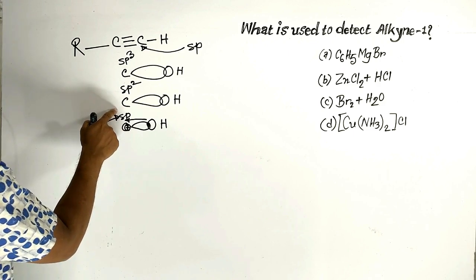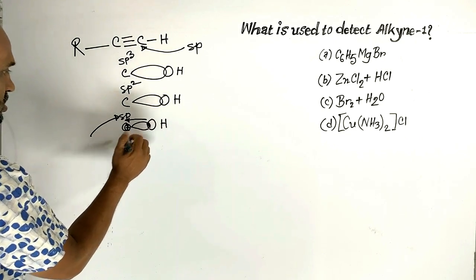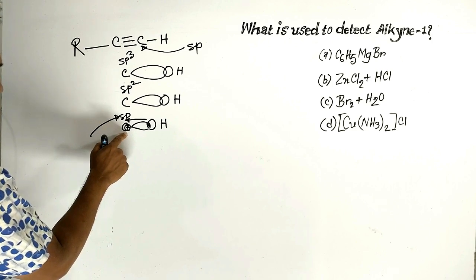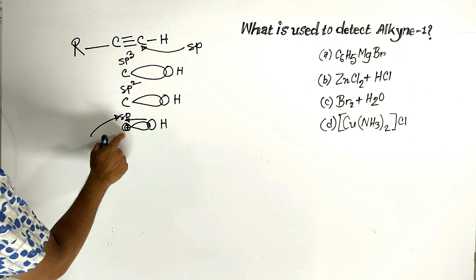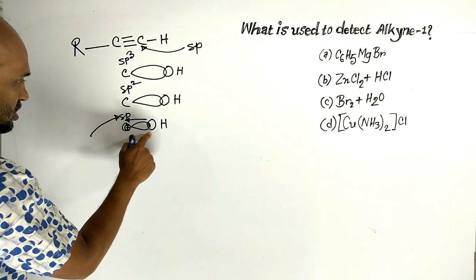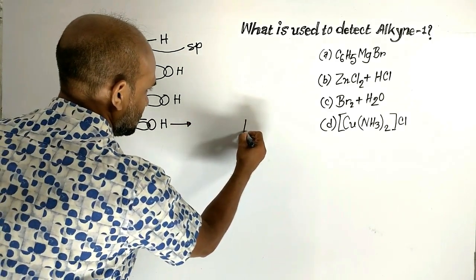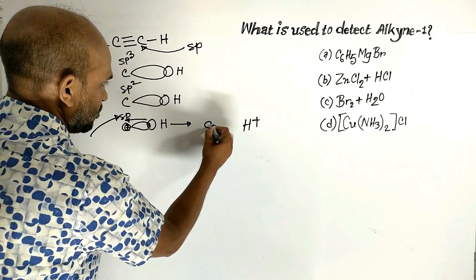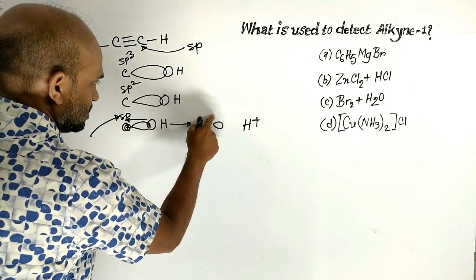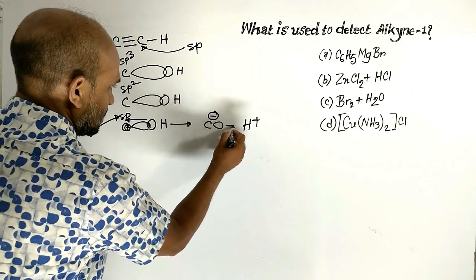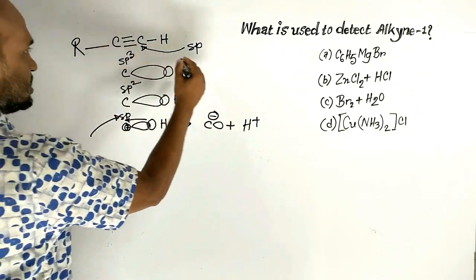When the carbon is sp hybridized, then the orbital is smallest in size and electrons remain closer to the nucleus of the sp hybridized carbon, and in this case this electron is attracted by the carbon nucleus with full force due to the short distance, and at one stage this hydrogen gets free as proton, and this carbon becomes negative in charge, and in this way Alkyne-1 releases proton. That is, Alkyne-1 is acidic in nature.